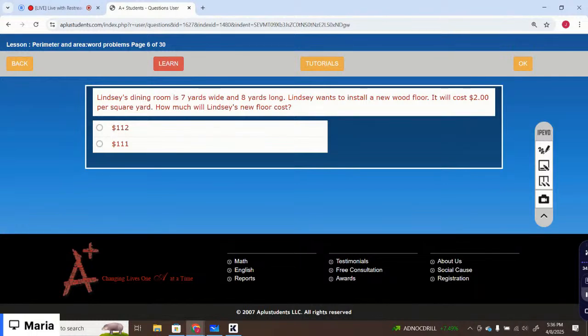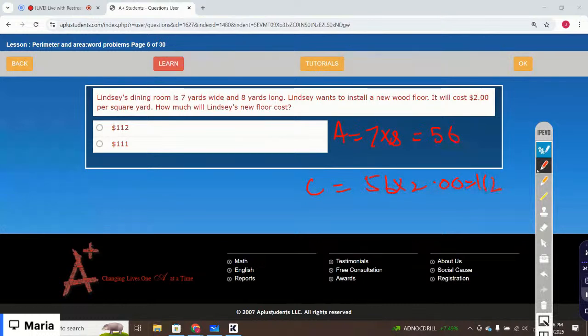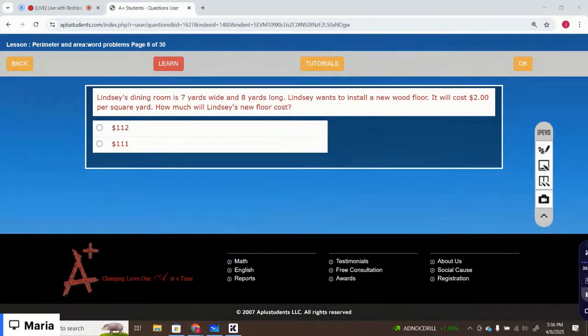You need to calculate the area first. The area is length times width. 7 times 8 is 56. Now we need to calculate the cost. The total cost is 56 times 2.00. That is 112. Option number one is the correct option, sorry.